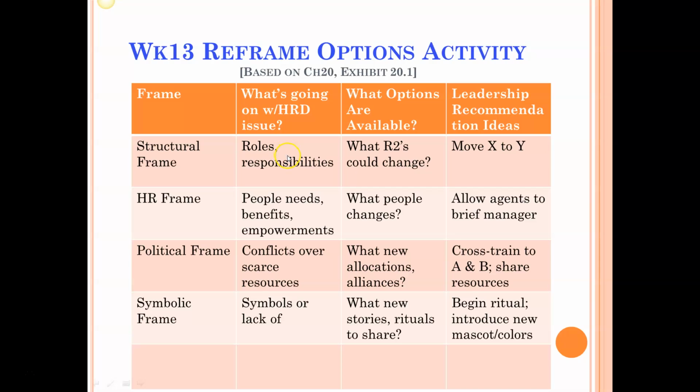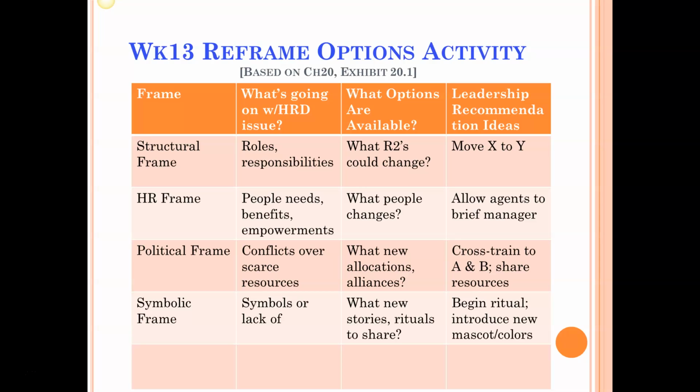So you can just go to those papers and say, what did I say was in the structural frame with regard to roles, responsibilities, and the other kinds of things that ground the structural frame? What's going on with my issue? Suppose my issue is communications, and we've got maybe something specific with communications in your particular organization.